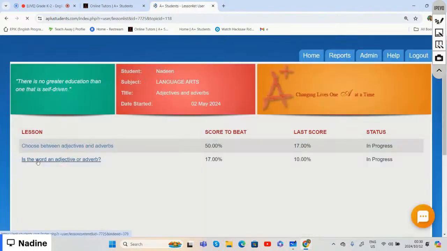Now we're going to say, is the word an adjective or an adverb?